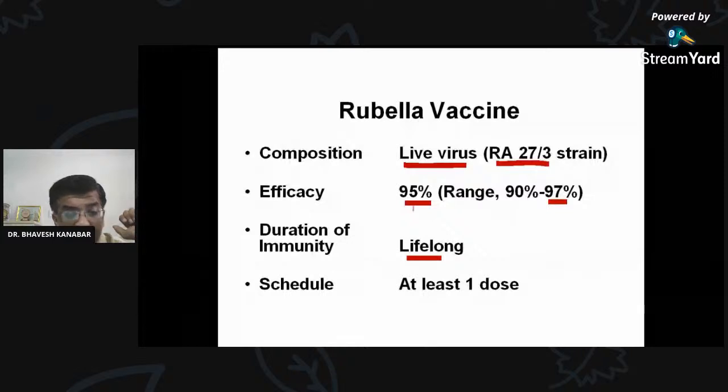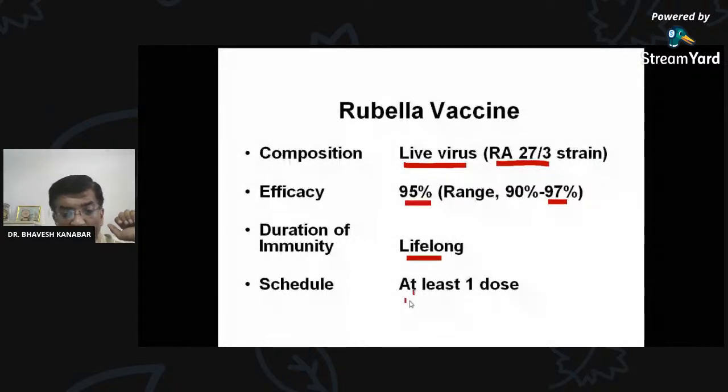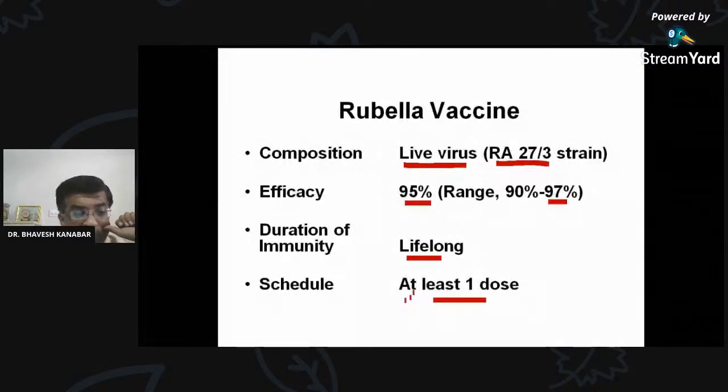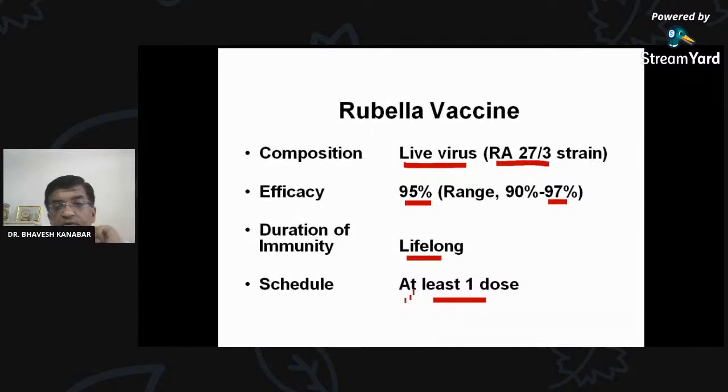So at what age is the MR vaccine given? Do you know? Write down in the chat box at what age it is to be given. Schedule at least one dose, but nowadays two doses are given, not one dose, at different ages. What is that age in childhood?